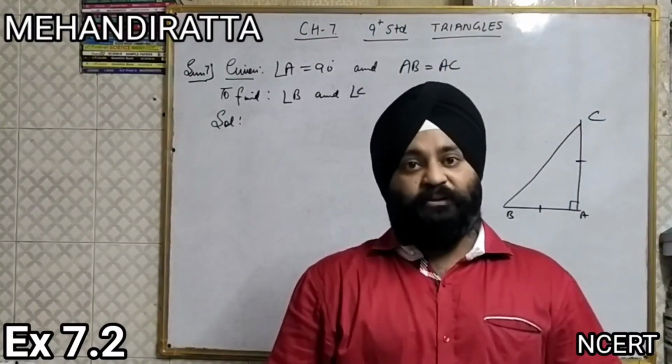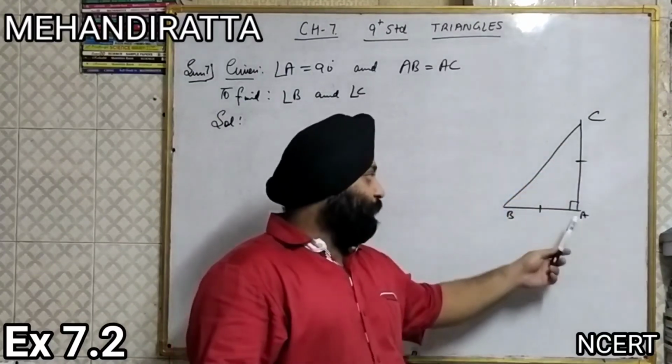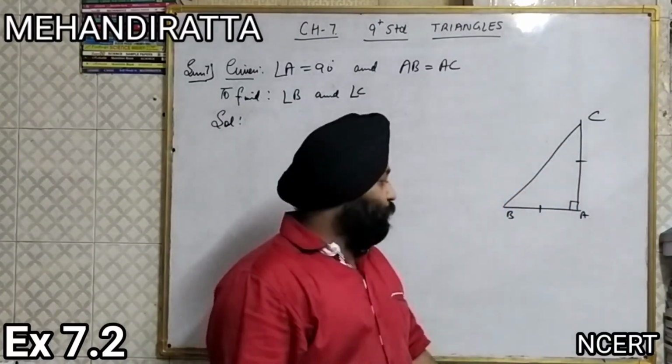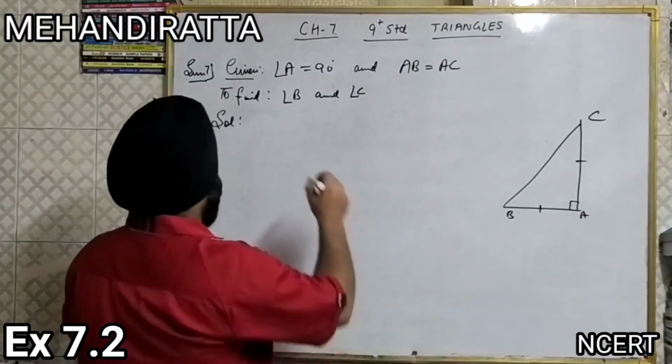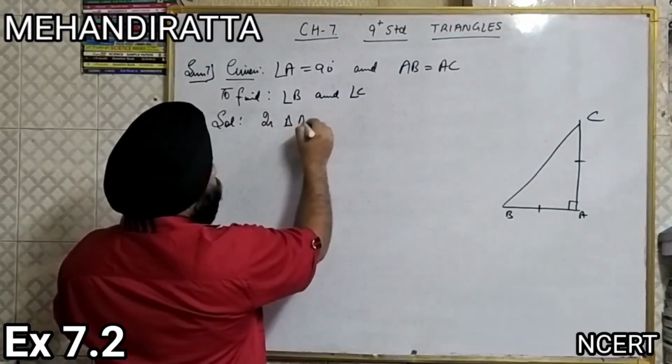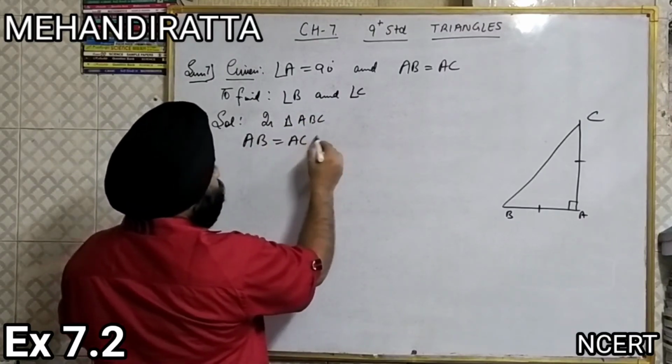Now in the seventh sum, AB equals AC given and angle A is equal to 90 degrees. We have to find angle B and angle C. In triangle ABC, AB equals AC given.